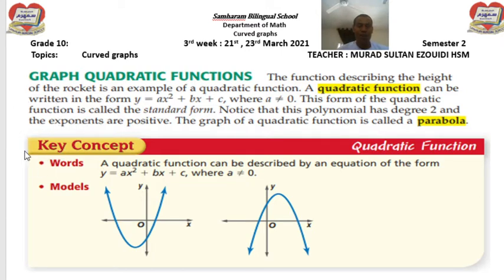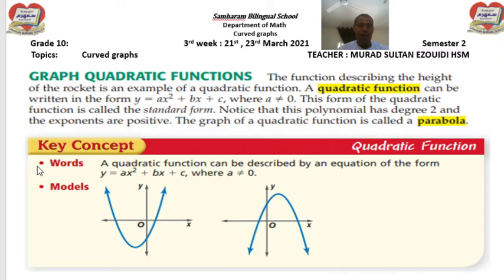The graph is a parabola, but it opens upwards, which means it's a valley. For the second example, you can see that the graph opens downwards and it's called a hill. For the parabola that opens upwards, this point, here in the third quadrant, is called the vertex or turning point.